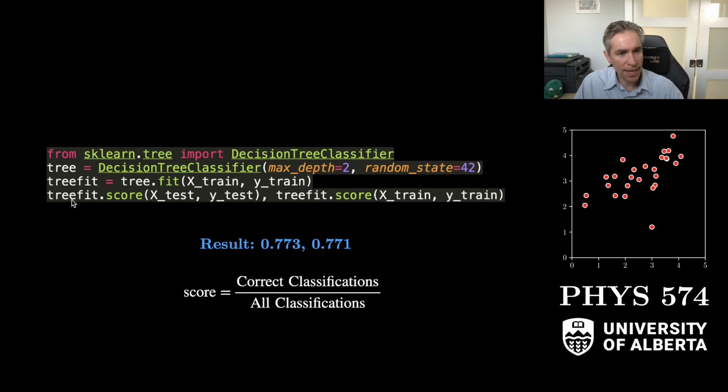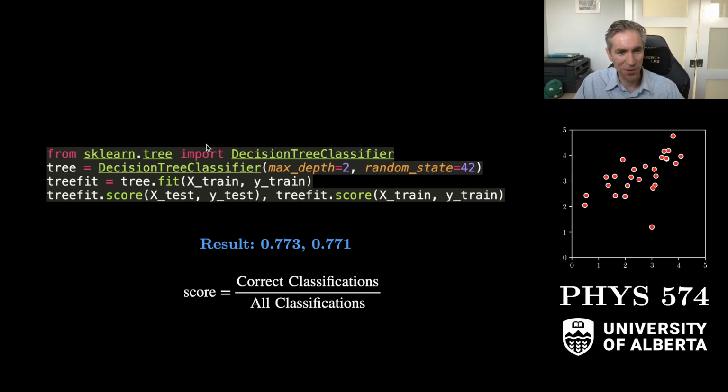Then I test how well it does on the test data, the 40% of data held back for testing, and how well it did on the original training data. This score is the number of correct classifications over all classifications, and it gets 77%. That's pretty good for just randomly dividing up a data space.